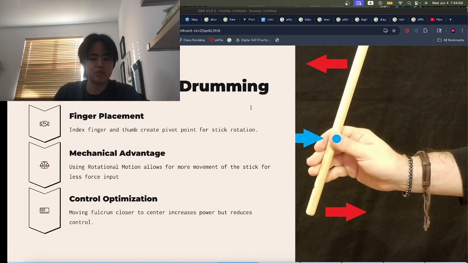Why this is great for drumming: when you have force at an angle, it puts more movement into the stick with less work. If I just went up and down, it would cause a lot of work from my end, and more energy and acceleration and force from my end. So we drummers use rotational motion with our fingers and wrist, so that we can have more energy and more movement for less work.